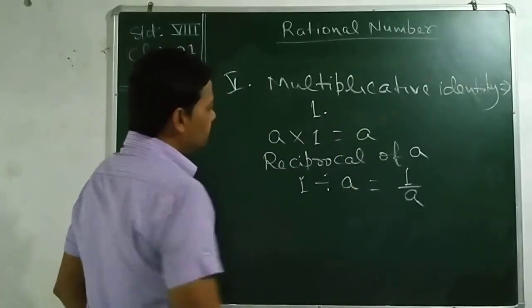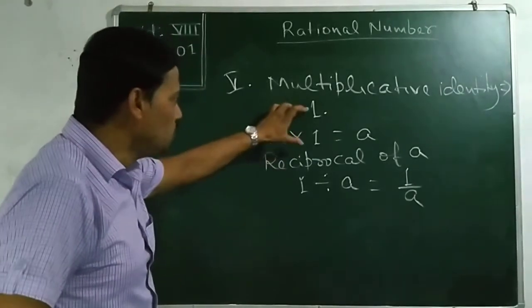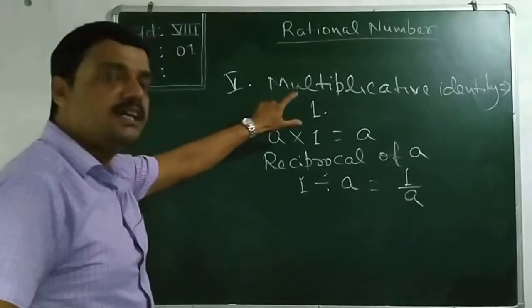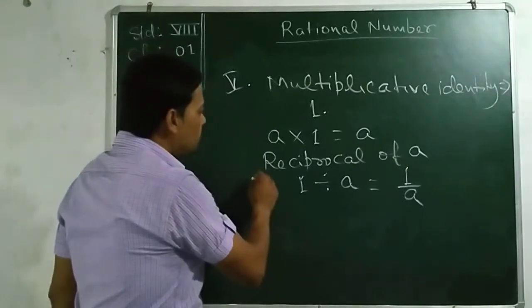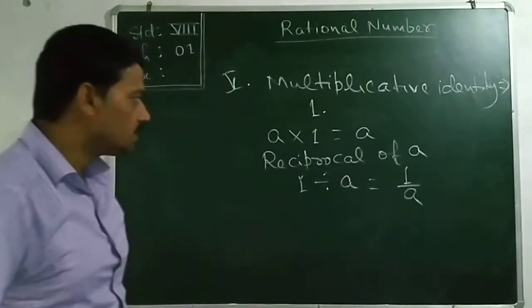The multiplicative identity will remain the same. Multiply by 1, you can get it. By multiplying by -1, I told you that you will get the additive inverse. But in the case of the reciprocal, take care with the division.